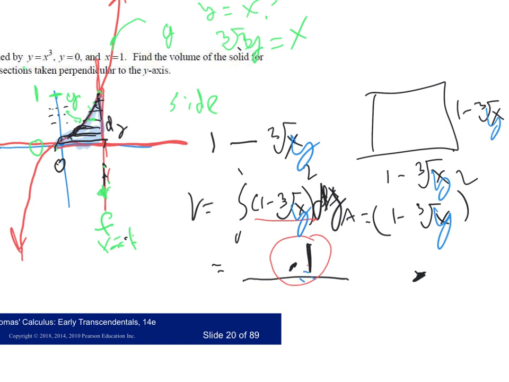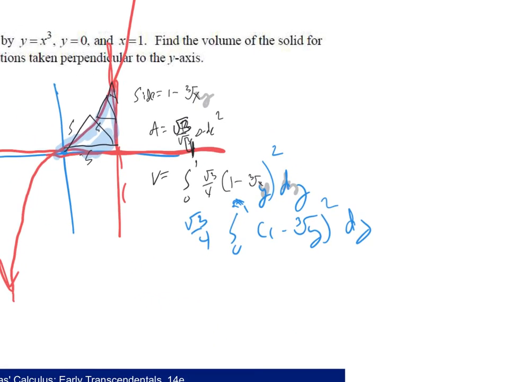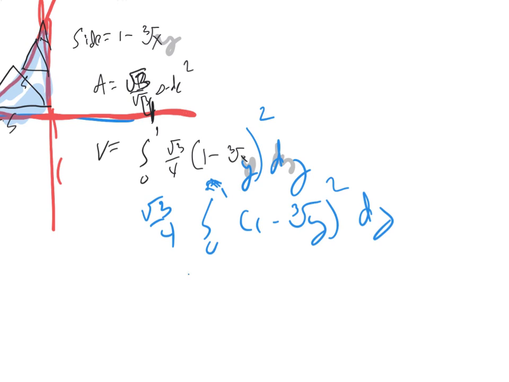That answer was 0.1. 1 minus cube root of y was... Oh, wait. Is it square root of this one? Well, yeah. I had to square it. There's a squared, yes. So that was 0.1. So go back up. Recycling my work. That's square root of 3 over 4 times 0.1.